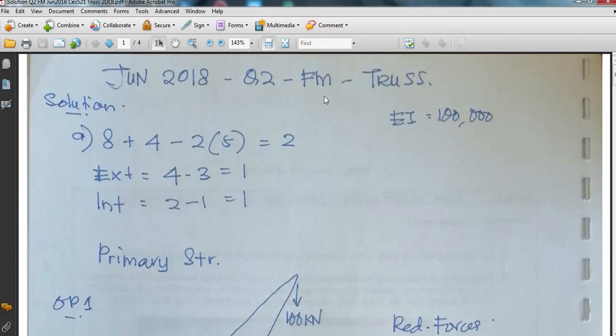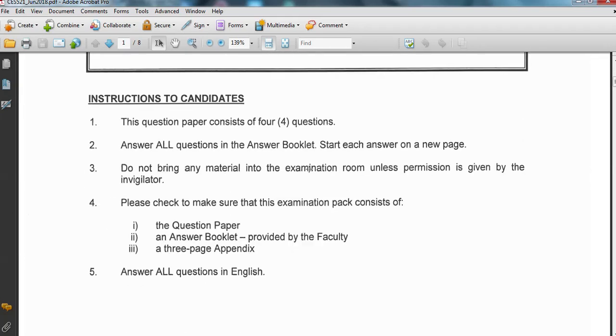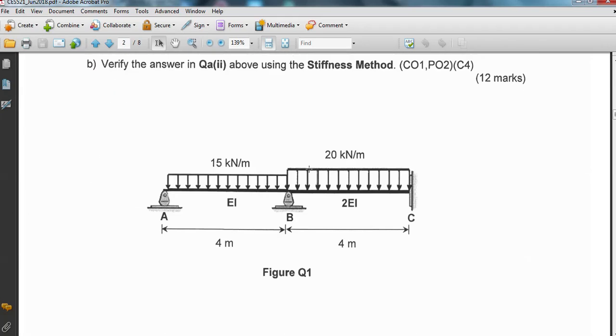For today, we will discuss another example, June 2018, question number 2, which looks like this.